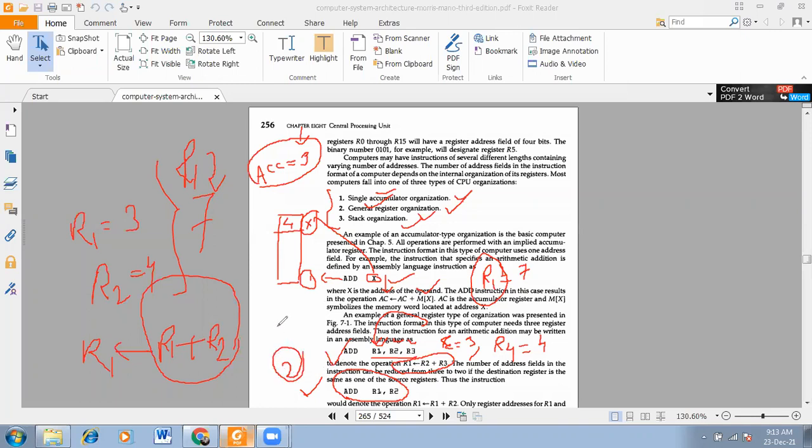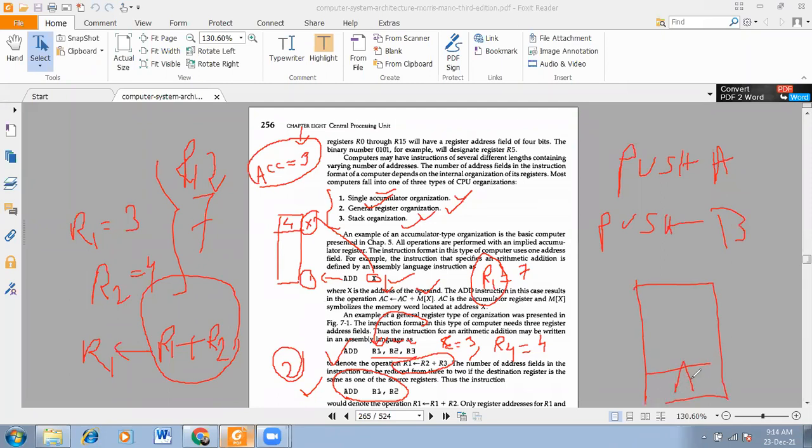Second, now stack organization, you people know that already. Yesterday I studied push A, push B, push C, or pop A, pop B, pop C, something like that. When you are writing push A, that means you are utilizing the stack, the stack register. Push B. So there may be some stack.